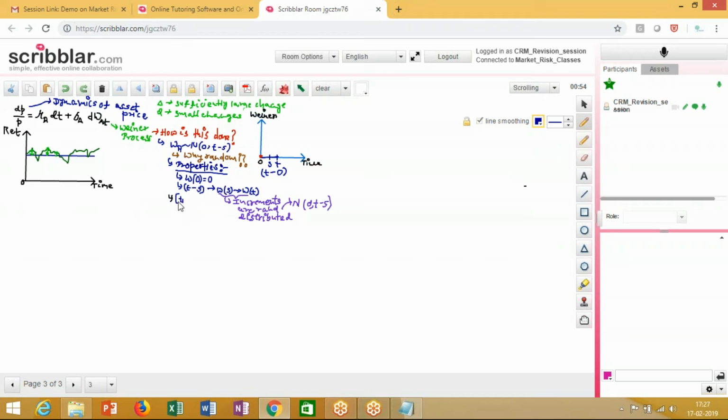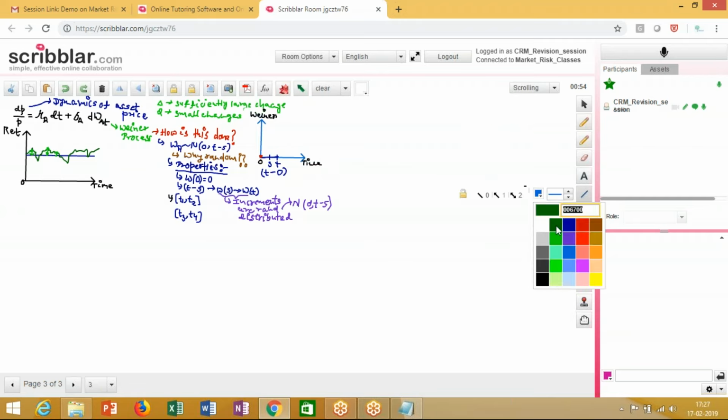And I have another time interval which is T3 and T4, and these are all ordered, right? So T1 comes first, then comes T2, T3, and then T4. So if I try to plot it graphically on a line, right? Let's say I want to plot this on a line.